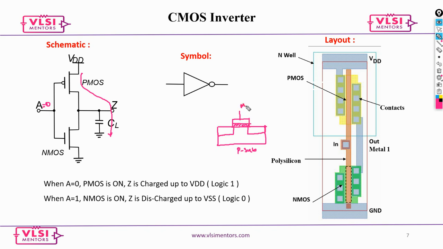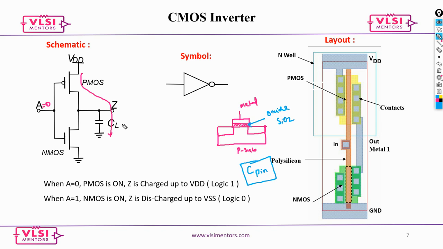This is your metal. And what about this one? Oxide. It is basically SiO2, silicon dioxide, right? Now this is treated as a pin capacitance.